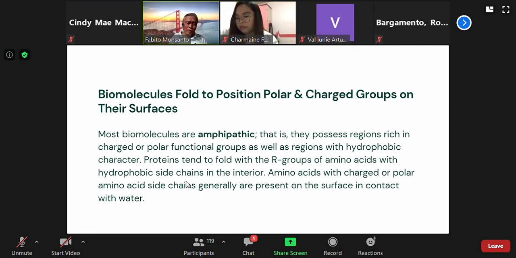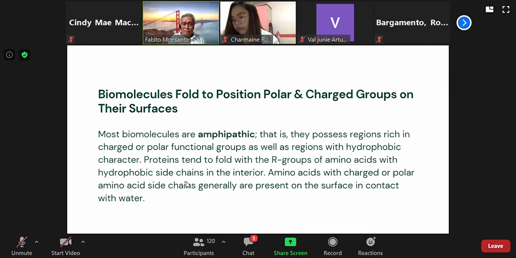So when the protein molecule folds itself, those that have hydrophobic areas are put inside, while the surface area of that protein molecule is exposed to the water around it.